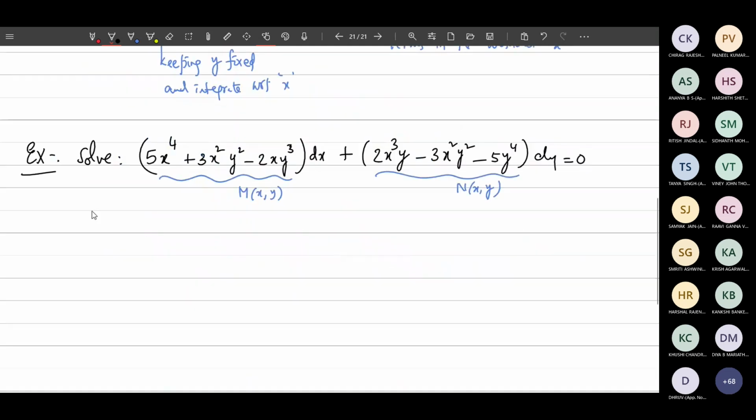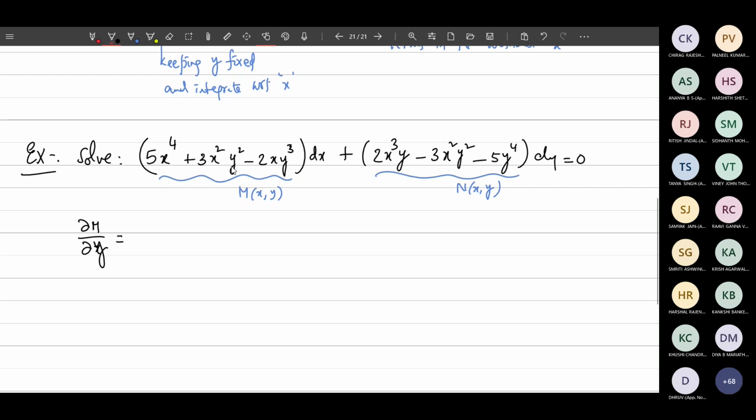So first I will compute the partial derivative of M with respect to y. Sorry, the first one is with respect to y. x is a constant, so 5x^4 is constant, therefore that derivative is 0.